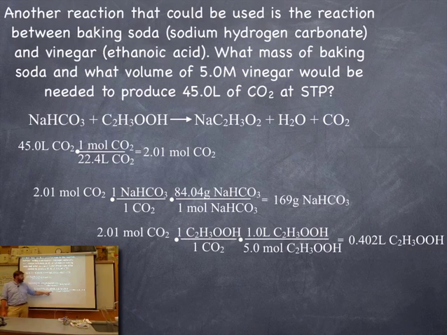I know for every 1 carbon dioxide I need 1 ethanoic acid. I know that 5 moles of ethanoic acid is what's in 1 liter of solution. A 5 molar solution, molarity of 5, is 5 moles per 1 liter. That's what it means. So I need 0.402 liters of acid.